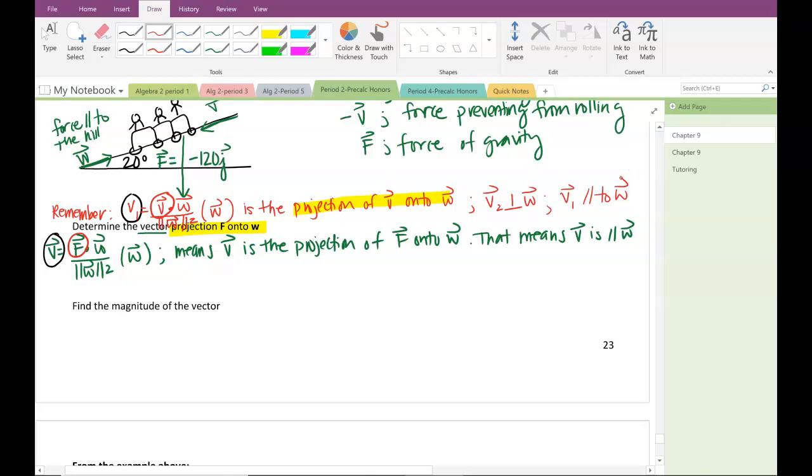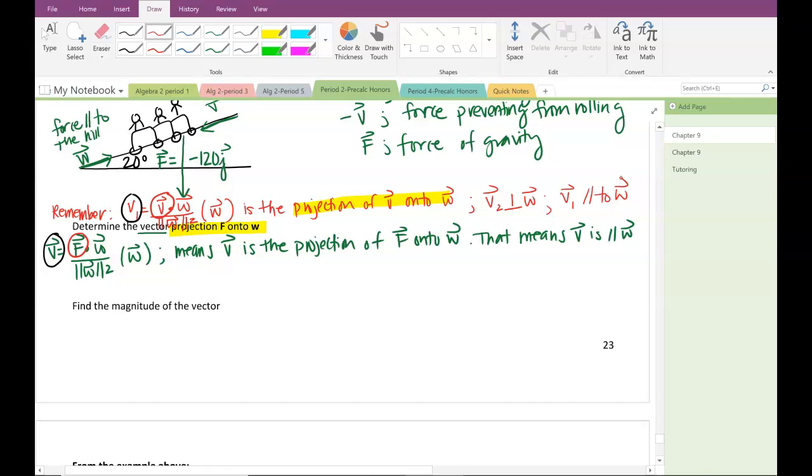So our vector V equals the dot product of F and W all over the magnitude of W squared, times the vector W. So this is the projection of F onto W. That means this vector V is parallel to W.